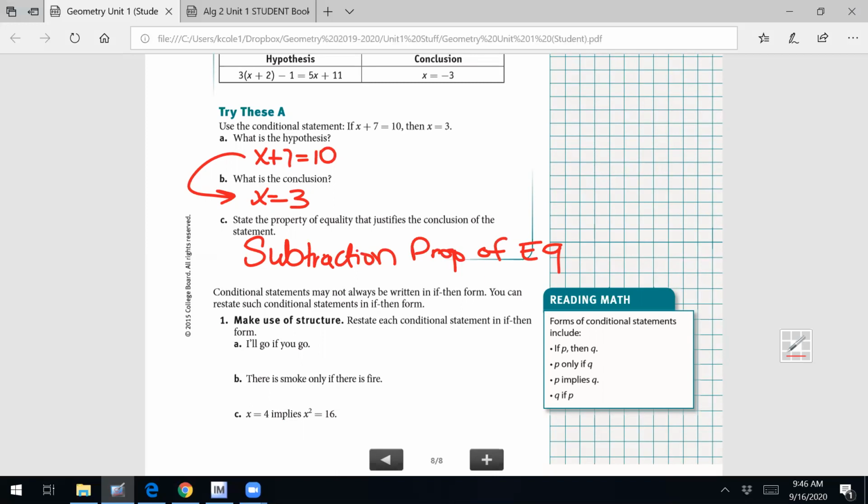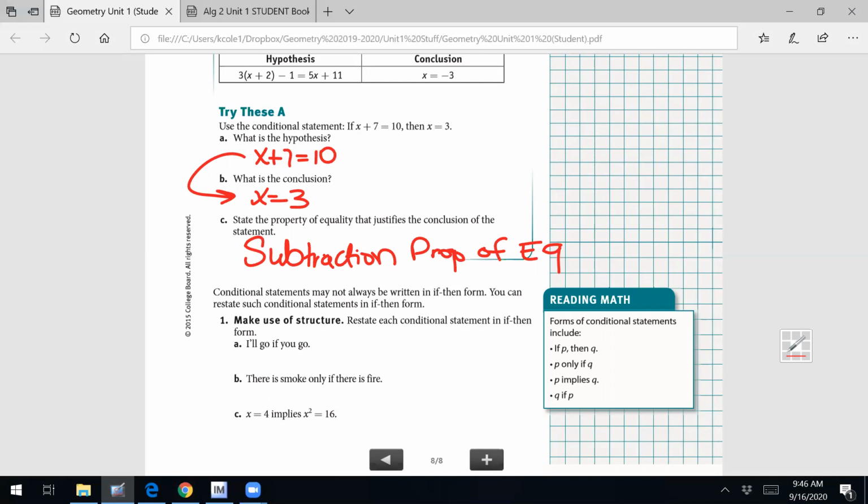All right, then the next says, conditional statements may not always be written in if-then form. You can restate such conditional statements in if-then form. Restate each conditional statement in if-then form. I'll go if you go. So it's not written in if-then form. So we are going to have to rewrite that.